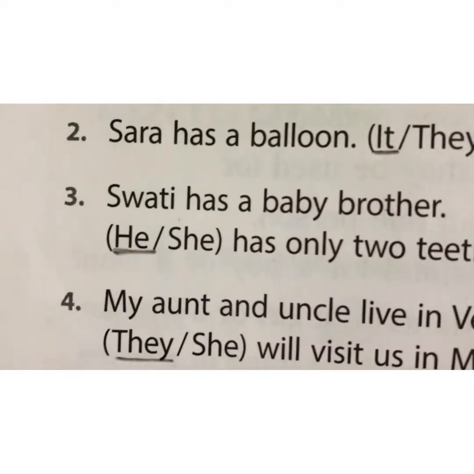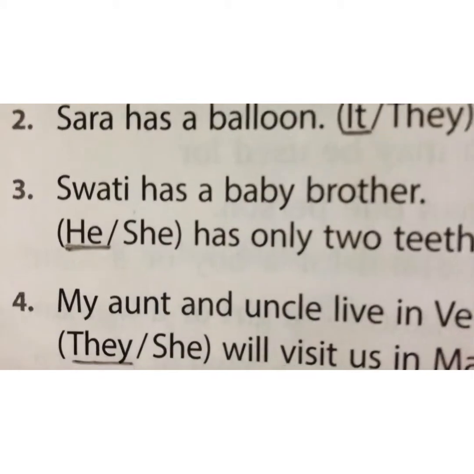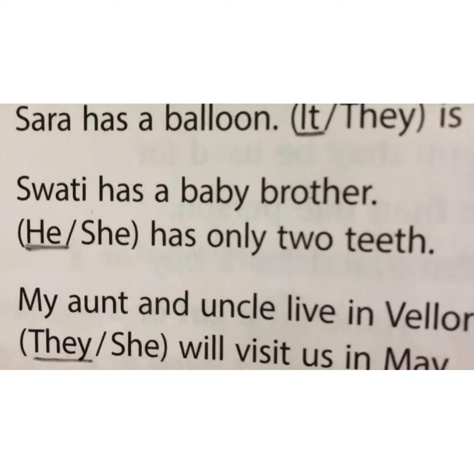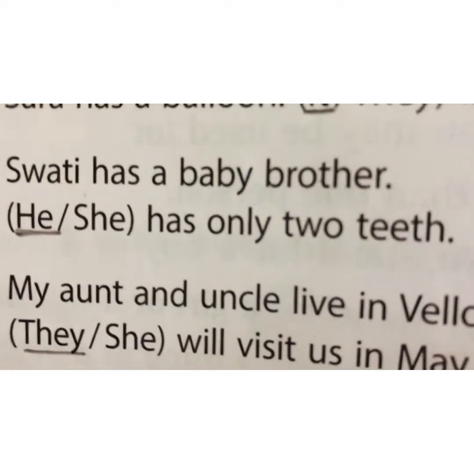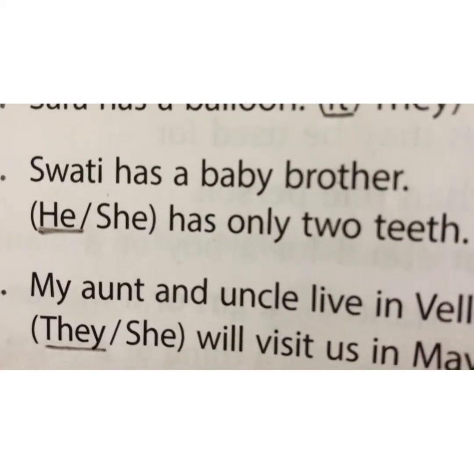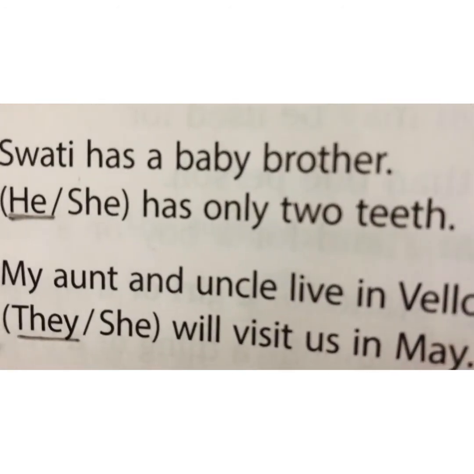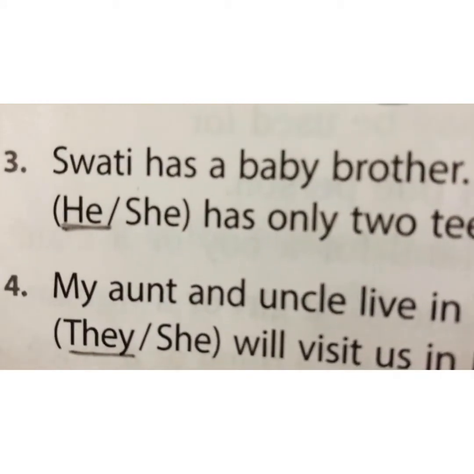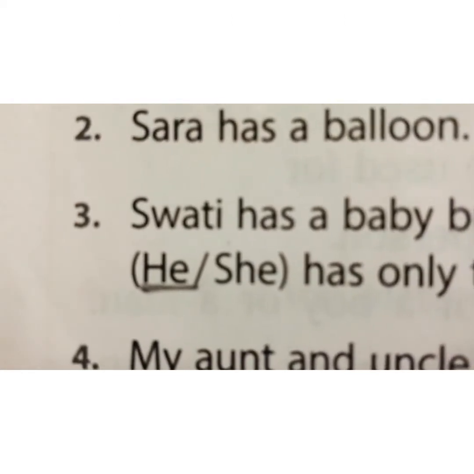Third, Swati has a baby brother. He or she has only 2 teeth. Who has only 2 teeth? The baby brother. We are talking about the baby's teeth. So, baby is a boy. So, we will use pronoun he.